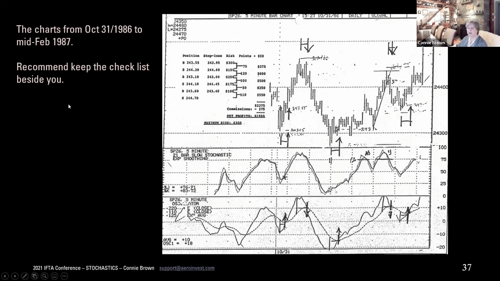He would recommend keeping the checklist beside you. And what you actually have is every single 5 minute bar chart, consecutive, unbroken, including Thanksgiving, holidays, Christmas, into February of the following year.